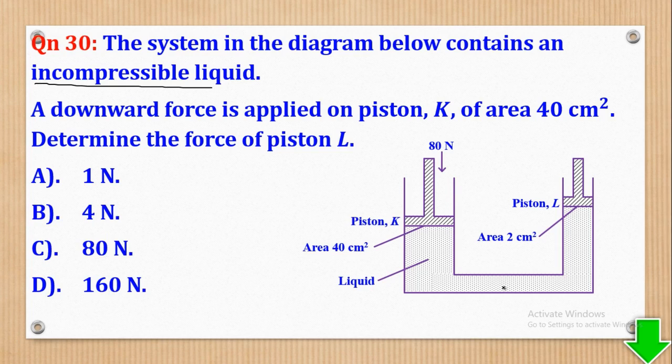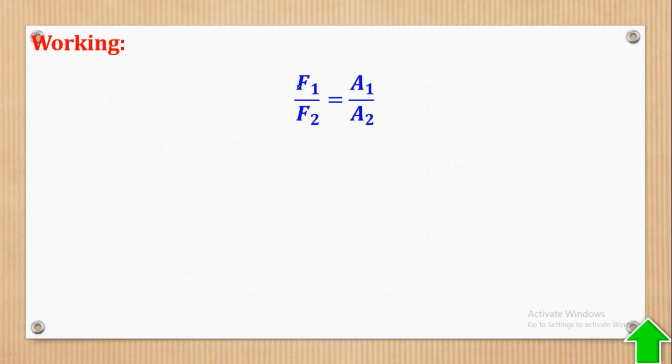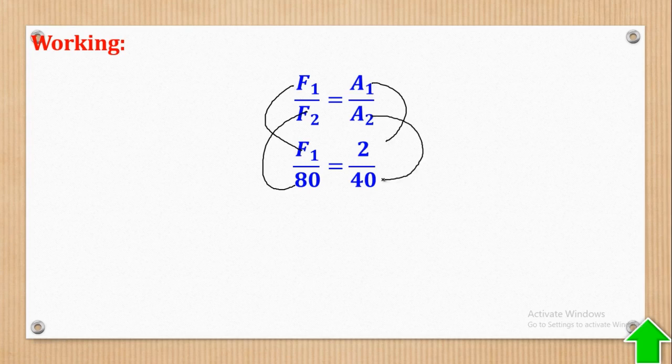Therefore, we shall come and say that it's up to you. You can use the ratio of force over area, or use the ratio of force and equate it to the ratio of area. So if I use the ratio of force equating it to the ratio of area, I'll come and say that F1 over F2 is equal to A1 over A2. So I'll substitute F1 is what I want, F2 is 80, A1 is 2, A2 is 40.